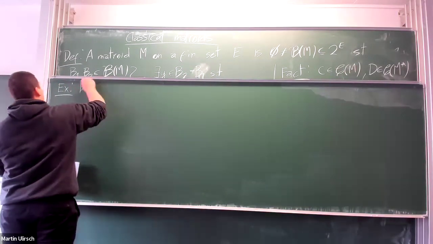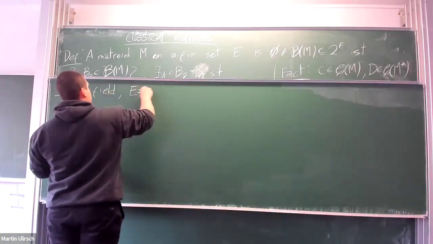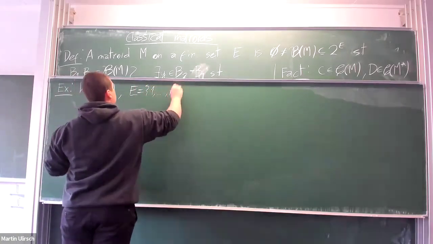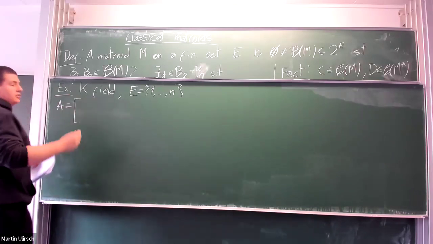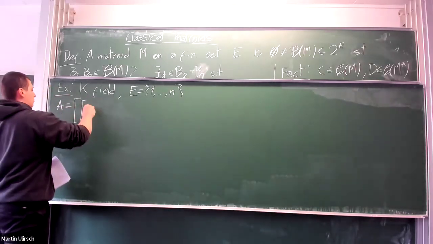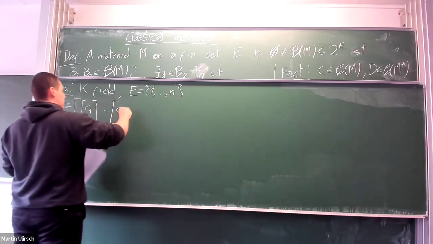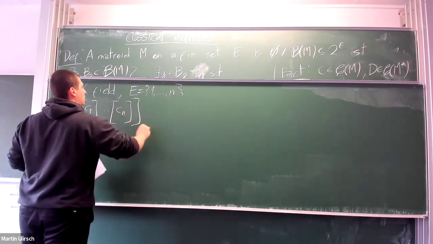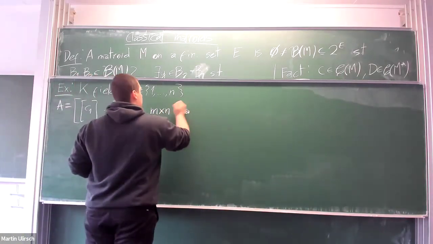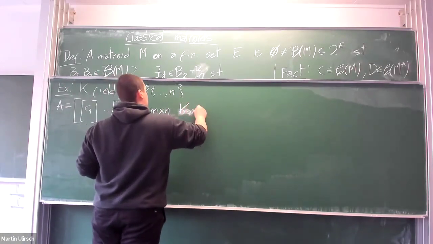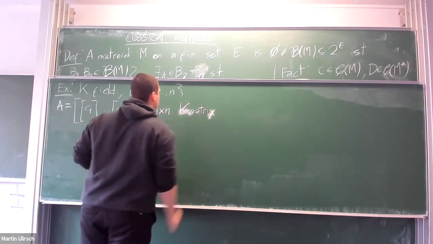You know, K, and this finite set E equals 1 to n, and a matrix with entries in K. I will draw this as the columns C1 to Cn, an r times n matrix.